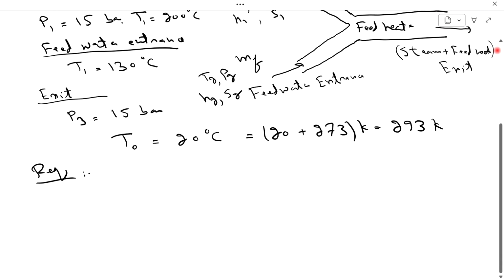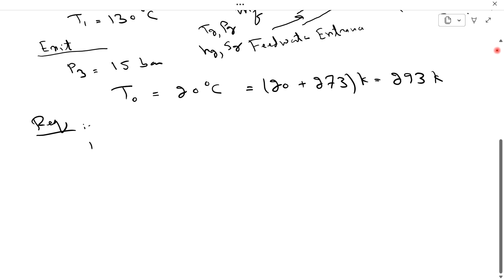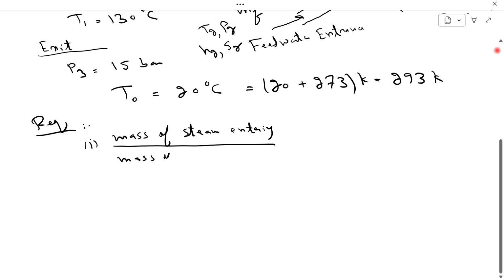So the first required thing is the mass of steam entering the heater divided by the mass of feed water entering the heater, which is ms divided by mf.